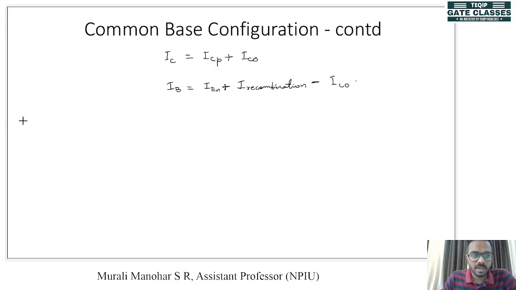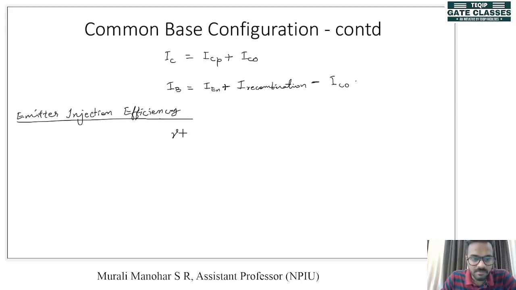Then there is another term called emitter injection efficiency. Emitter injection efficiency is the ratio of the current crossing the base emitter junction from the emitter to the current that is arriving.